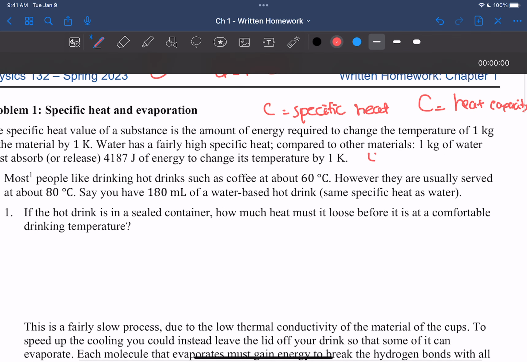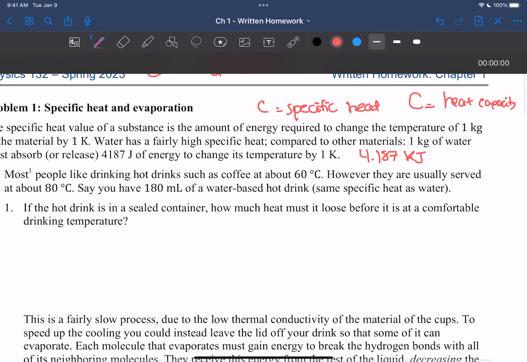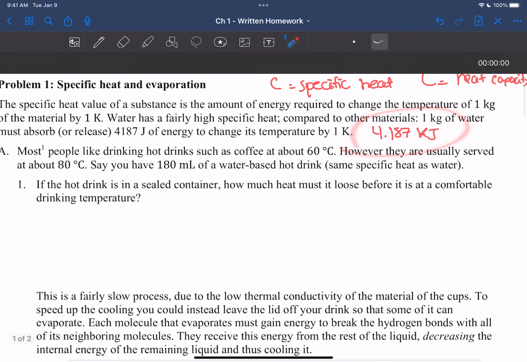That's the same as 4.187 kilojoules, and that's probably the value you've seen a lot more in your average Gen Chem class, because things there are usually measured in kilojoules per mole. Joules or kilojoules doesn't matter. In this case, we're probably just going to be using joules to keep everything constant. But you might be familiar with the 4.187; 4,187 is just multiplying that by 1,000.